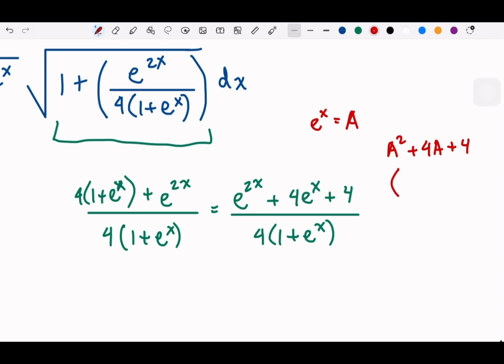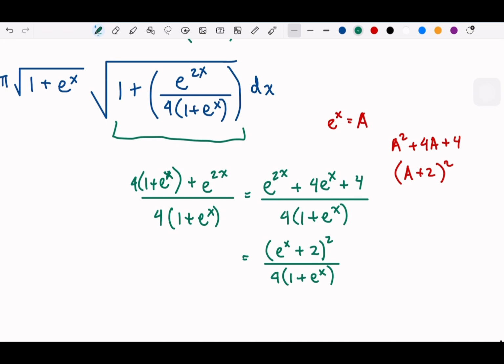So you can take (a plus 2) squared, which means that we can do the same thing with our equation. Now we could make this (e to the x plus 2) squared, right? And then don't forget the rest is 4 plus e to the x.